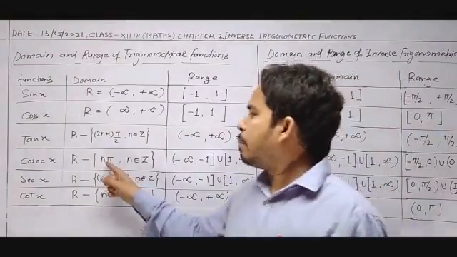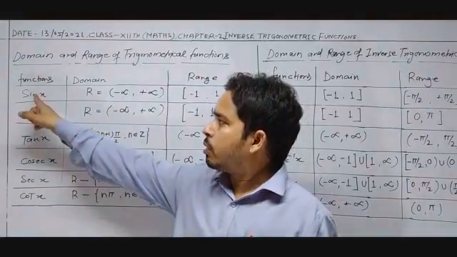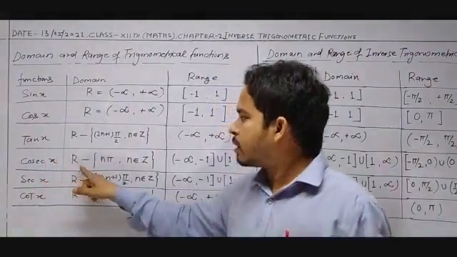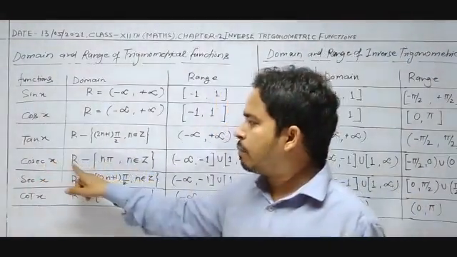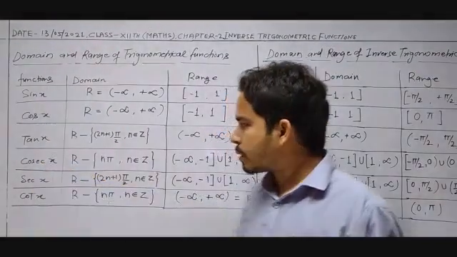It means at multiples of pi the result is 0 and the reciprocal is not defined. So excluding the n pi part from the real numbers, you get the domain of cosec x.